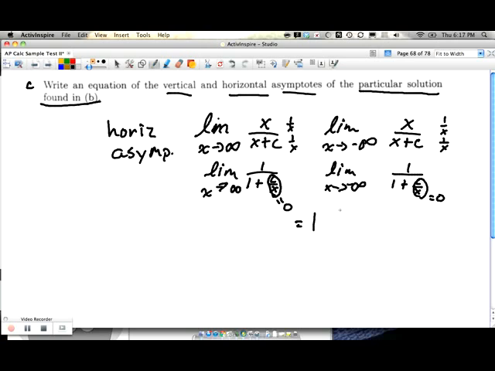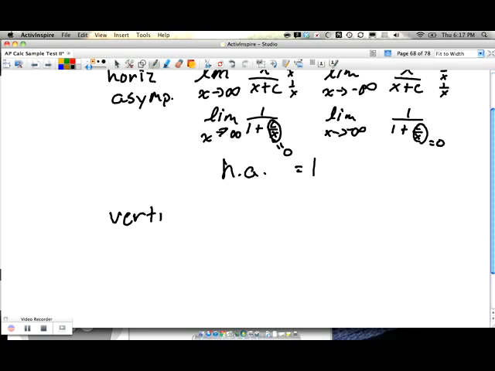Vertical asymptotes occur when the denominator equals 0 and the numerator is non-zero. So let's see when that would happen.